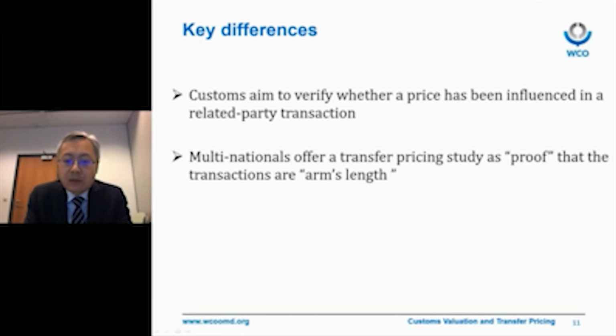Therefore, customs examines transfer pricing data in this context, and other WTO methods under Article 2 to Article 7, which we call alternative methods, can only be used when the transaction value method cannot apply. But for OECD guidelines, the multinational companies can use any of the methods in these guidelines to prove that the transfer price is settled with the arm's length principle.